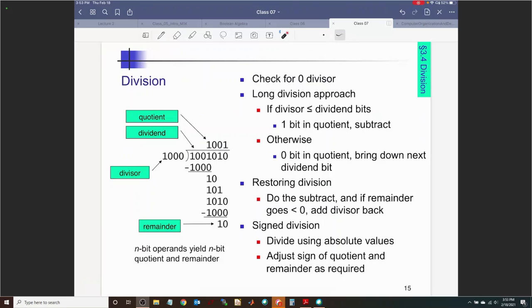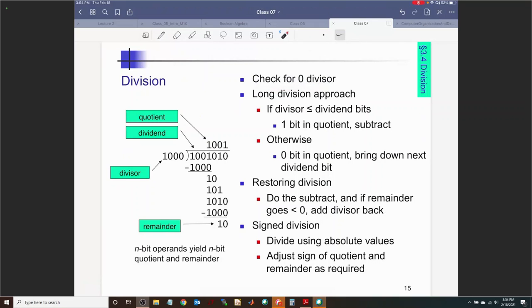And when you're doing this division in hardware, you also have to be worried about checking for division by 0, right? So you would have to have some exception handler routine to figure out if you're trying to divide a number by 0, then that is invalid. You should not be able to move ahead with that instruction. So there has to be some instruction that checks for a 0 divisor.